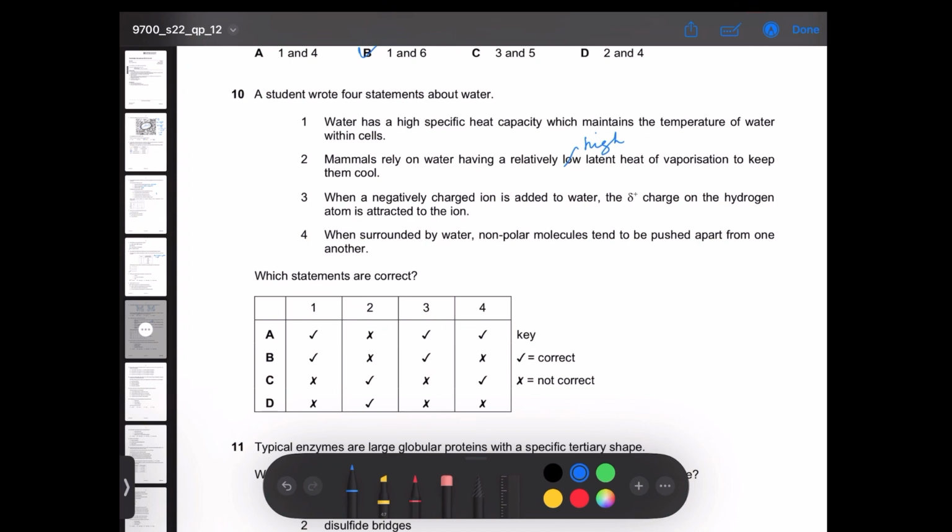So basically the hydrophobic ends or the non-polar molecules are pushed towards each other, not away from each other. So it will be B, because 1 is correct, 2 is not correct because it requires high latent heat of vaporization, 3 is correct, and 4 is wrong.